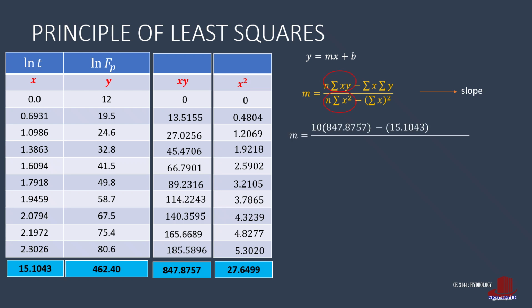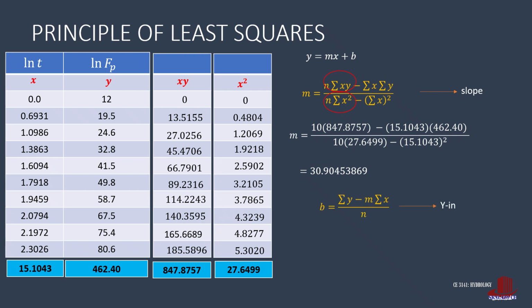The slope m is then solved as 10 times 847.8757 less the product of 15.1043 and 462.4, all upon 10 times 27.6499 less the square of 15.1043, which results to 30.90453869, taken wholly, as these values are again used to look for b later.